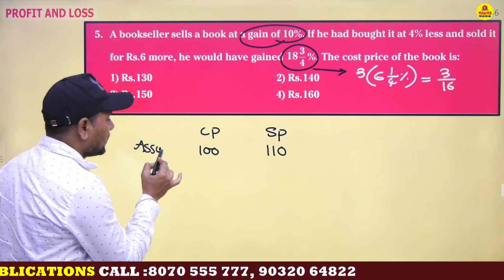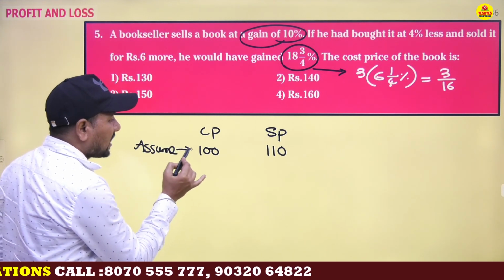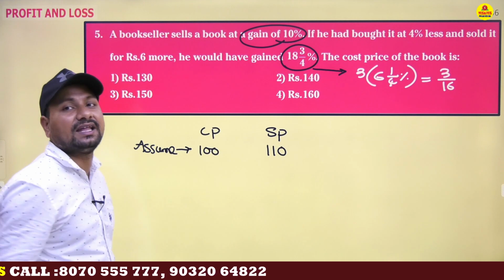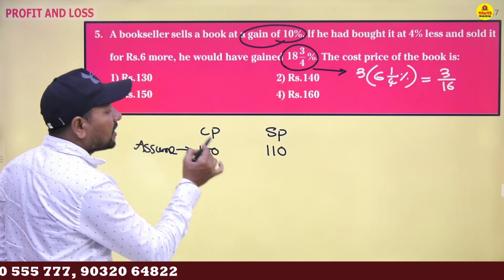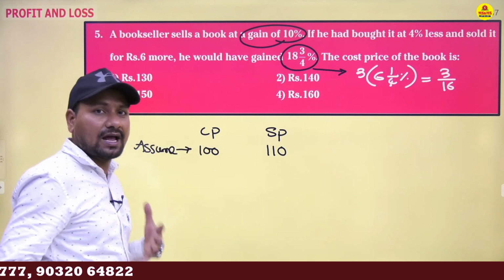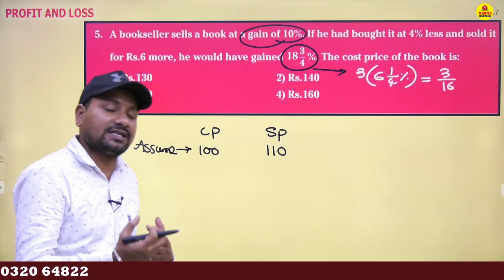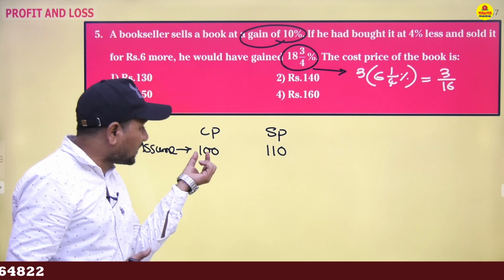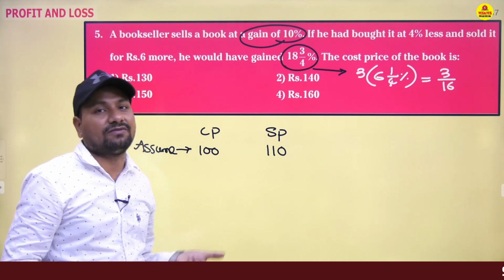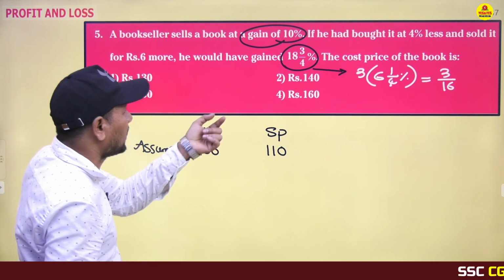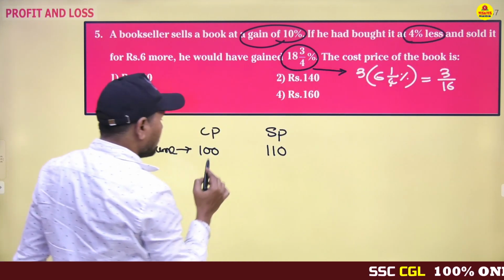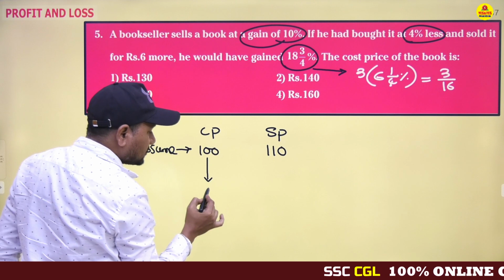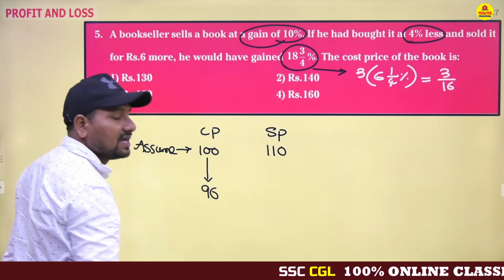Just assume it. If you purchase the product for 100 rupees, you are going to sell it for 110 with 10% profit. I am the shopkeeper, I am purchasing the product and selling the product. If I purchase for 100, I sell for 110. If I purchase for 4% less, it becomes 96 rupees.